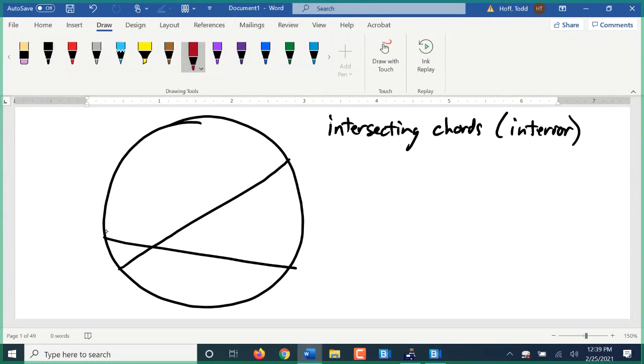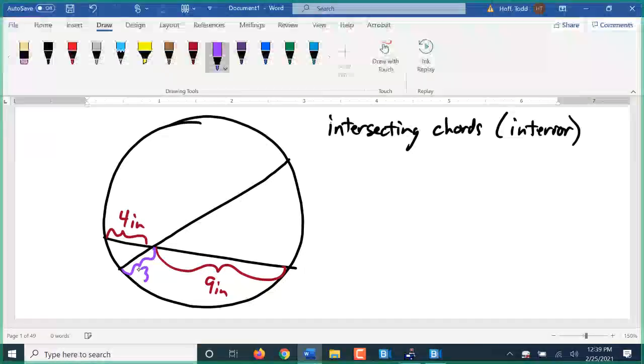And looking at the length, if this piece here is 4 inches and this piece here is 9 inches, if I know that this piece is 3 inches, I can find how long that piece is if I call that x, because those intersecting chords cut each other into pieces that have the same product.